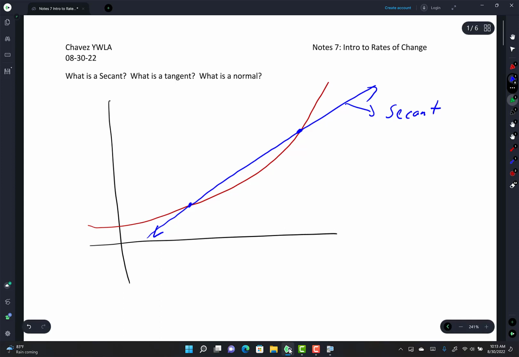What is a tangent? A tangent, it's this one here in green, goes through 1 point. And a normal is perpendicular to the tangent.